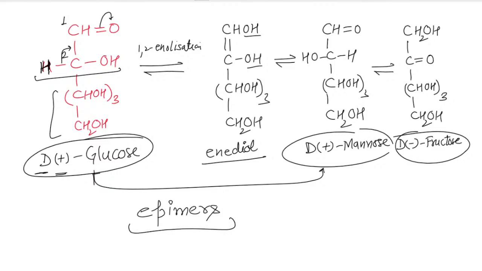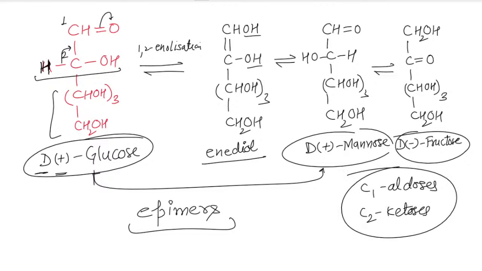See, if configuration differs at C1 in aldoses and C2 in ketoses, they are called anomers. If configuration differs at any other carbon, then they are called epimers. So D plus glucose and D plus mannose are epimers.